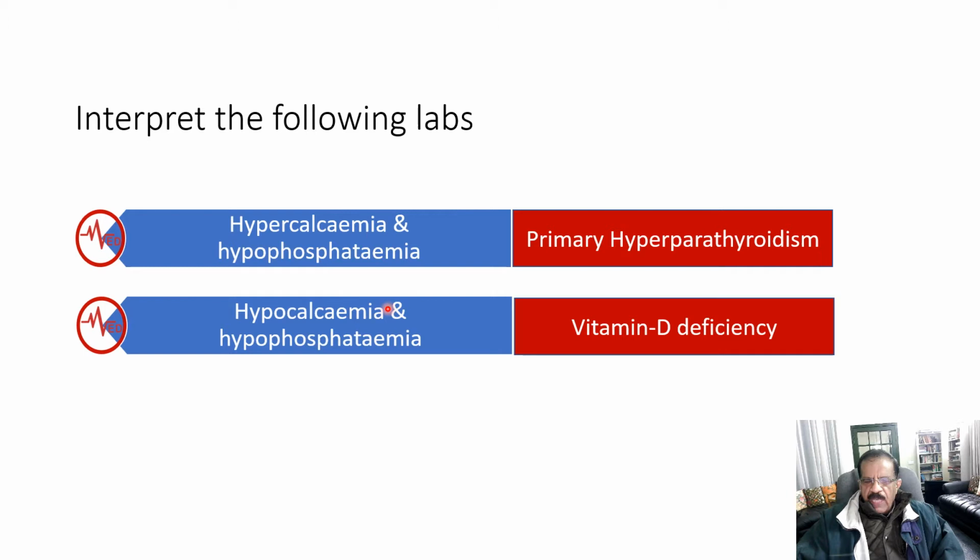So as a result, there may be still some hypocalcemia, but hypophosphatemia is the more consistent abnormality in severe vitamin D deficiency. In a typical case, you would have both hypocalcemia and hypophosphatemia. So this combination is most consistent with vitamin D deficiency.